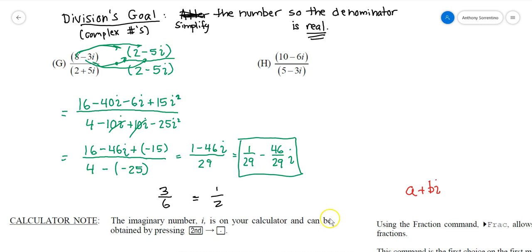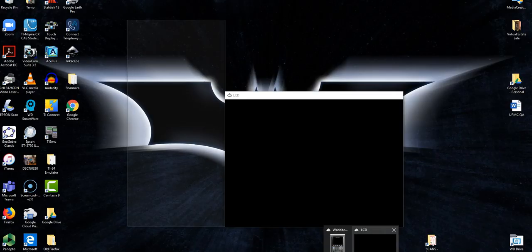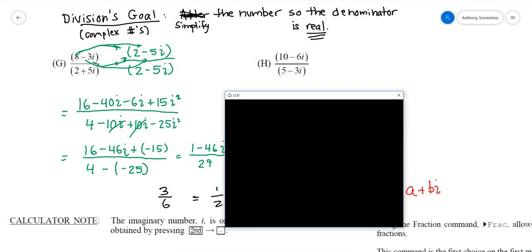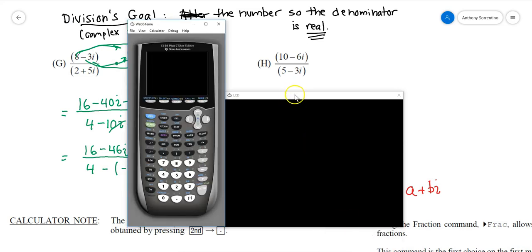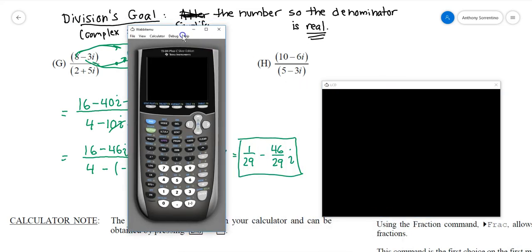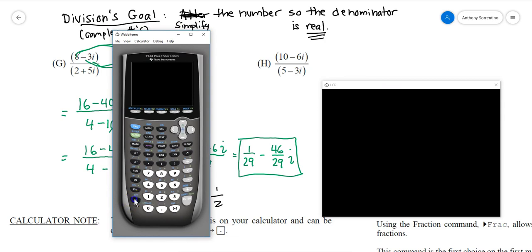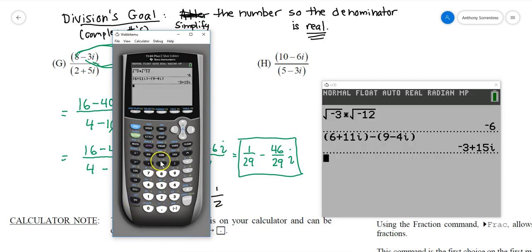And to verify, I'm going to bring up my calculator again. Just to show. If I do 8 minus 3i divided by 2 plus 5i.